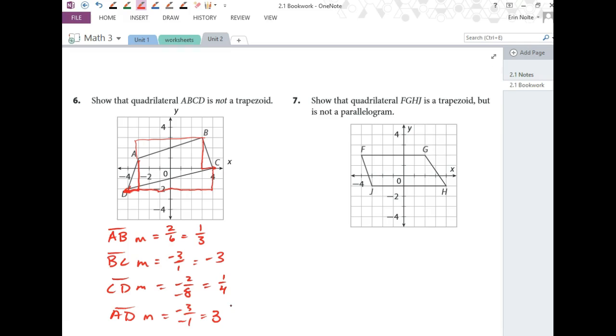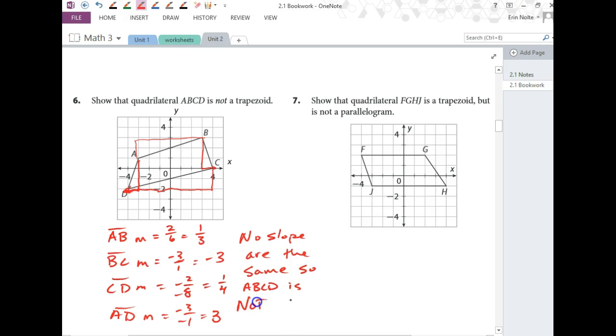So are any of those slopes the same? No. No slopes are the same. So ABCD is not a trapezoid.